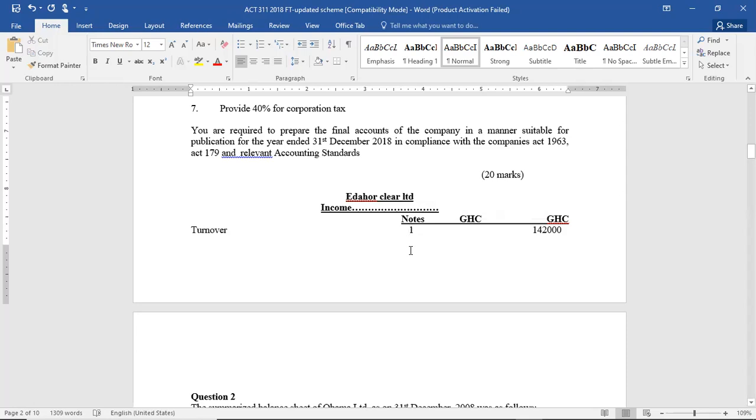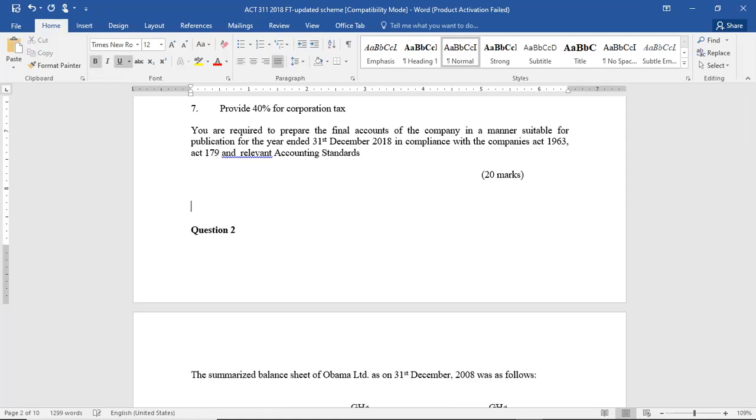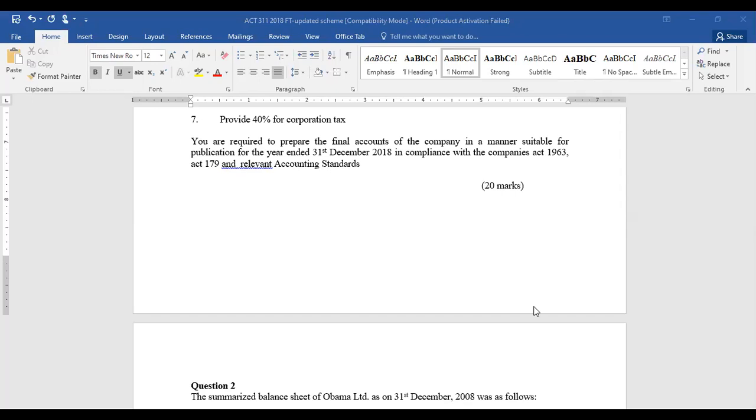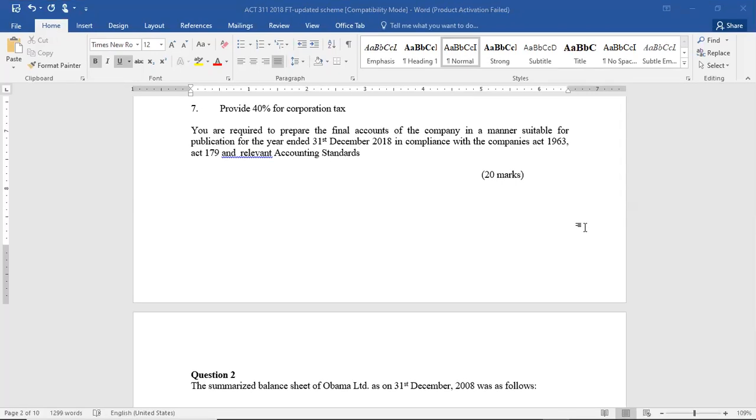There is a less cost of sales. Your cost of sales is note 2. So you less your note 2 cost of sales from the sales. How much are you getting as gross profits? $142,000 minus 55,000.